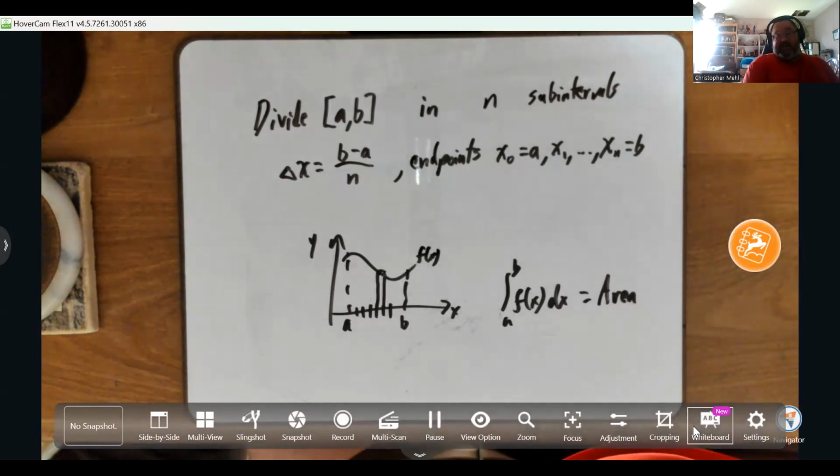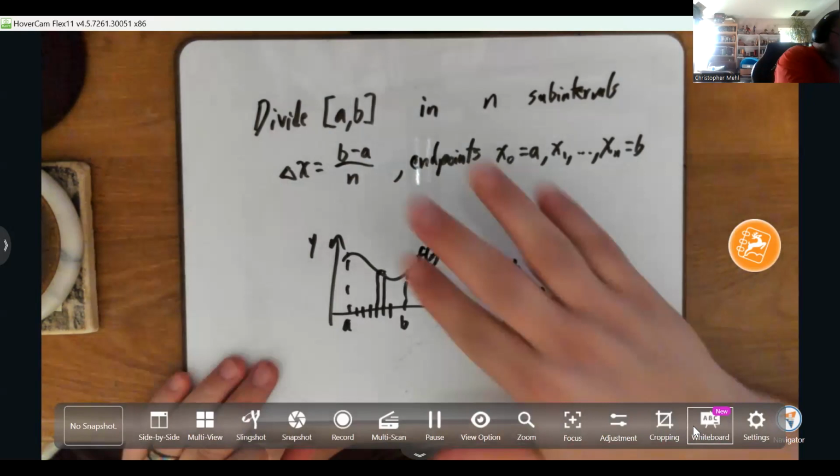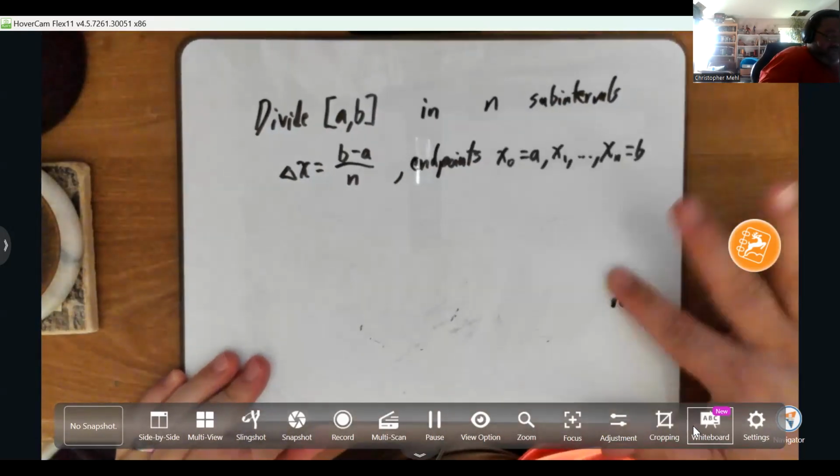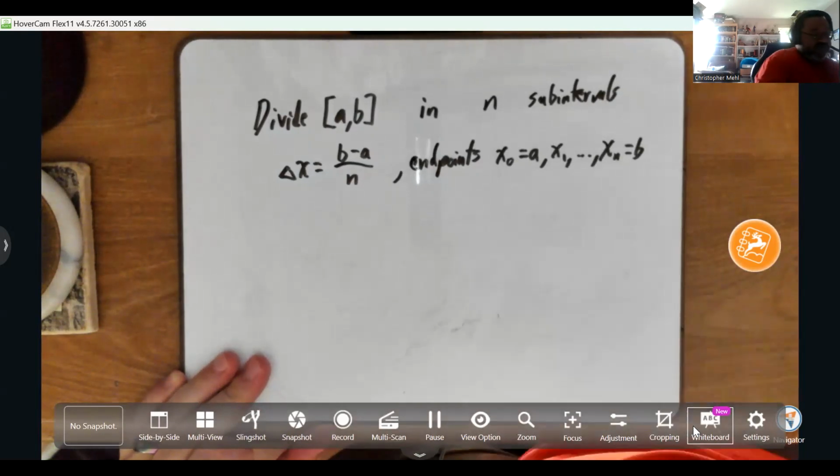Well, we're doing that same thing here, but here we have a solid instead of the curve, and now we want to find the volume.